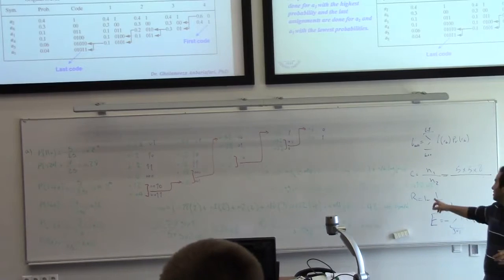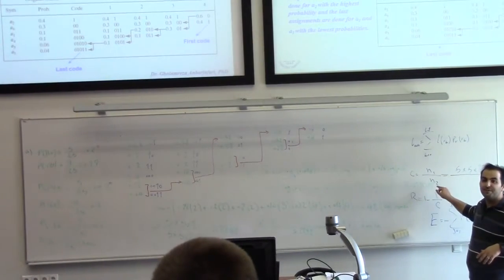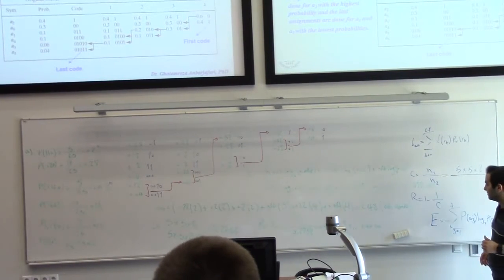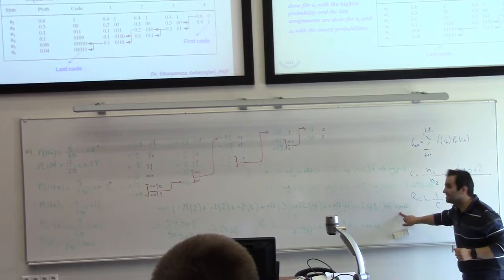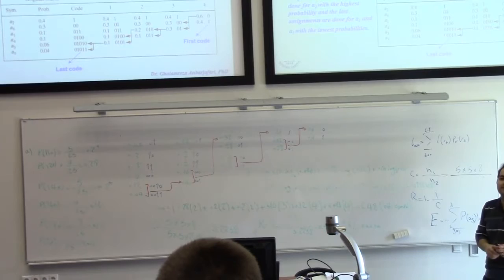Yes, the unit is bit per pixel. But then what is 2.48? It's bit per symbol. Symbol, that is the value of each pixel.